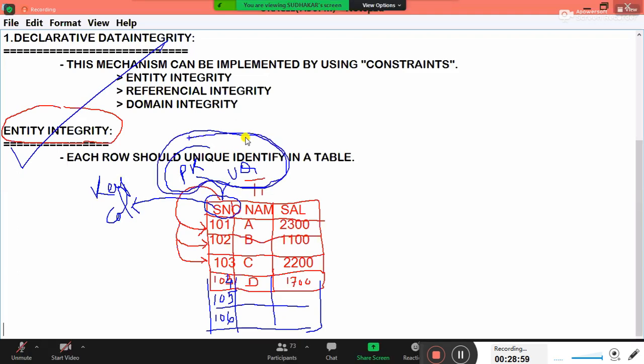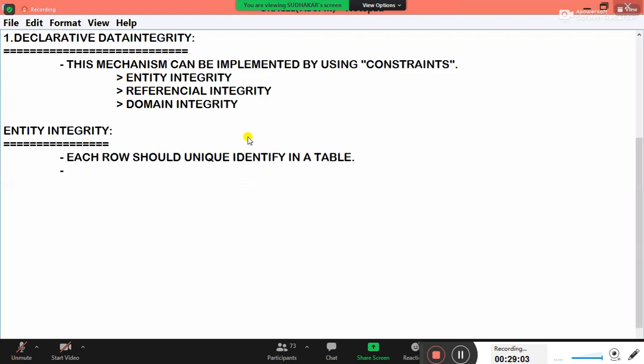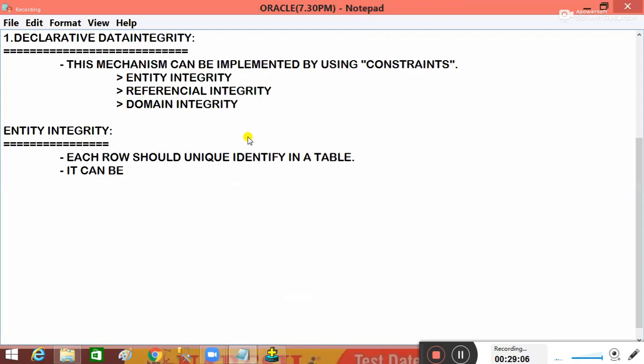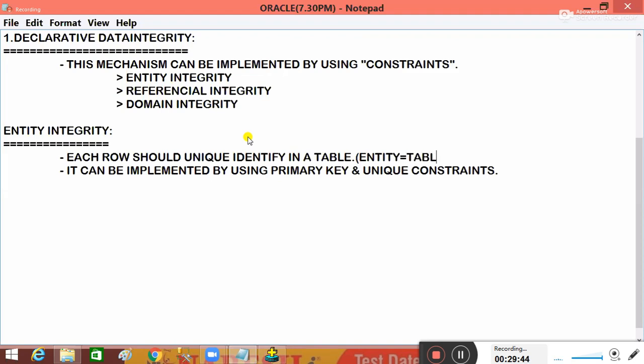Primary key and unique constraints. So primary key and unique constraints are used for entity integrity. Very important: entity is nothing but a table, guys. Don't get confused about what an entity is. Entity means table.